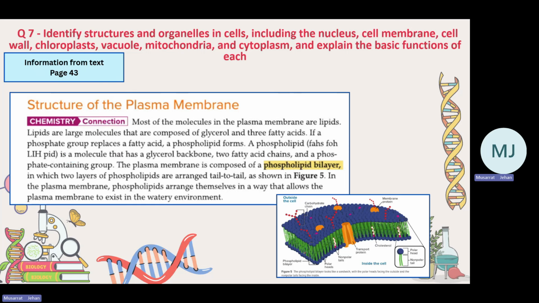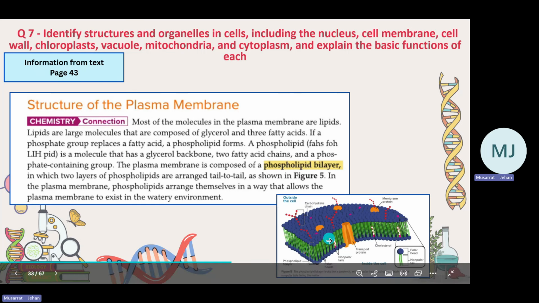Now, this is one molecule. In the plasma membrane, there are 2 phospholipid layers which are together forming the plasma membrane. So it is a bilayer. Bilayer means 2 layers. 2 layers of what? 2 layers of phospholipids. You can see in this figure there are 2 layers, one on the top and one at the bottom.